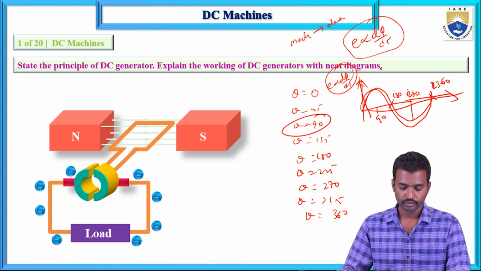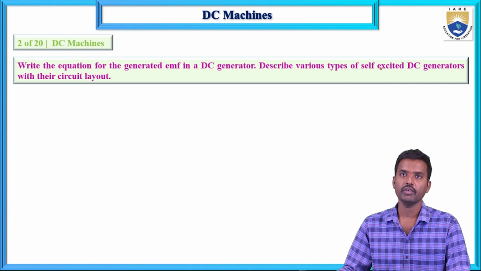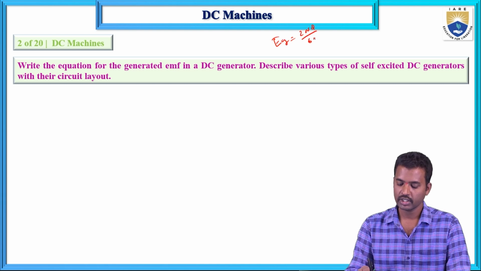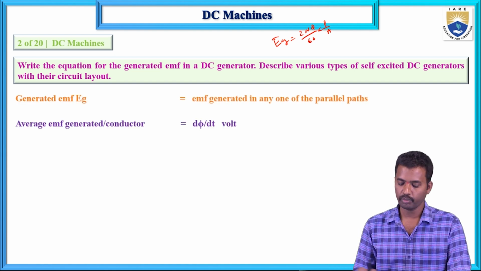Now the second question: write the equation for generated EMF in a DC generator. The induced EMF E equals Z n phi by 60 into P by A. E is directly proportional to d phi by dt.